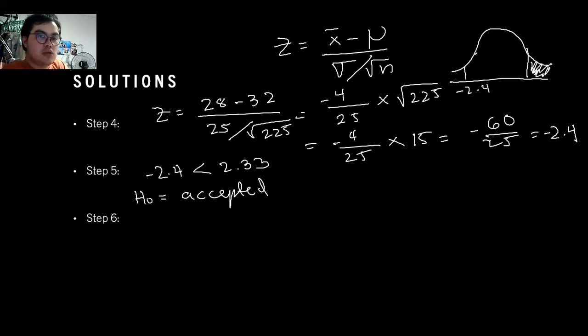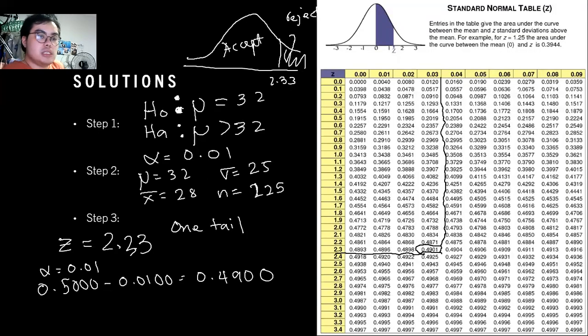The z would need to be higher than 2.33 since, based on the null hypothesis, it is greater than 32. So we can tell that mu is less than 32 because this belongs to the acceptance region, or formally, mu is less than or equal to 32.